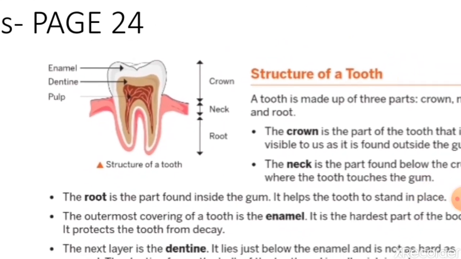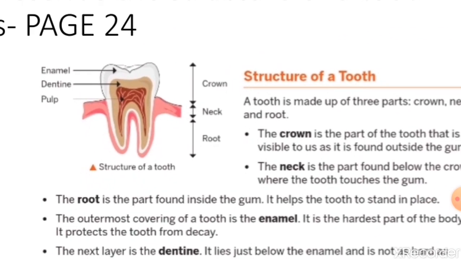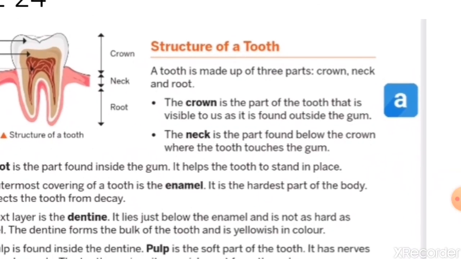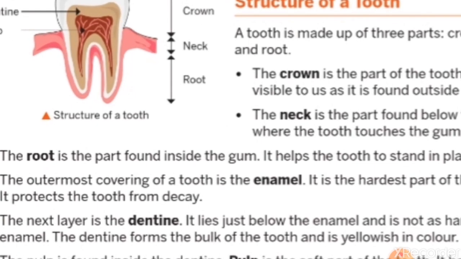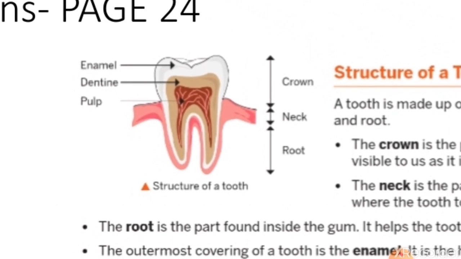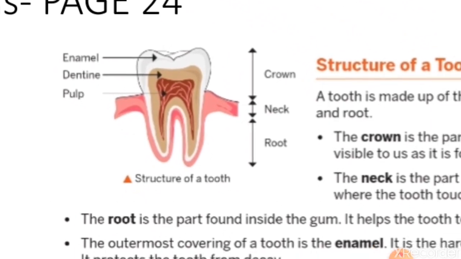If you want, you can draw the picture as well. So what you have to write in this? A tooth is made up of 3 parts: crown, neck and root. You can see in this picture crown, neck and root.